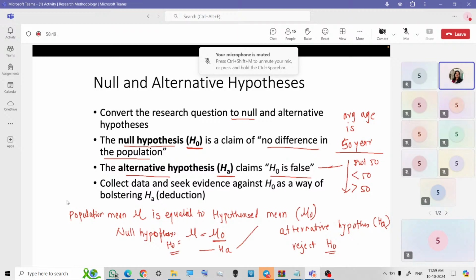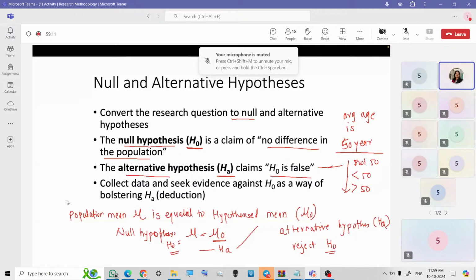Okay. So here I have given two examples, which are saying that if I have a simple statistic data where there is a population mean given to you and there is a sample mean, which you are calculating. Okay. Hypothesized mean is basically a mean which you are working on the sample.